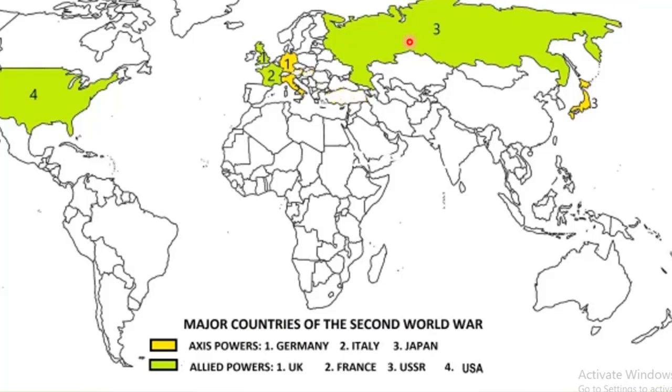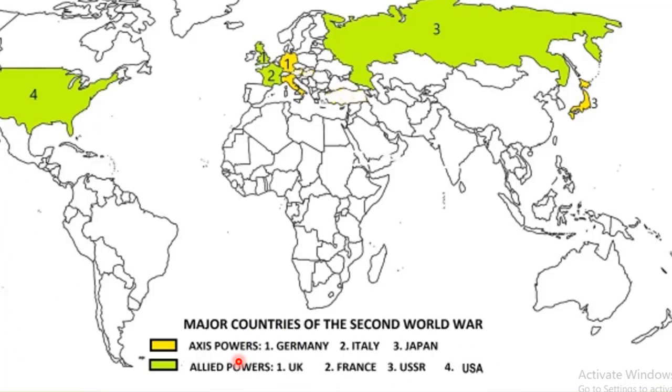That is USSR. Then come to the extreme left. This is USA. All these countries with this green color shading were part of Allied powers, which fought against the Axis powers, against Germany, Italy, and Japan.